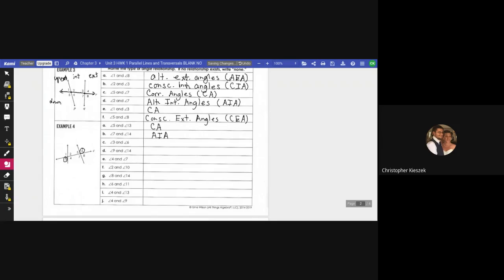So what I would do then, I look at it. I have 3 and 6 are both exterior angles, and they're on opposite sides. So therefore, this is an alternate exterior angle.